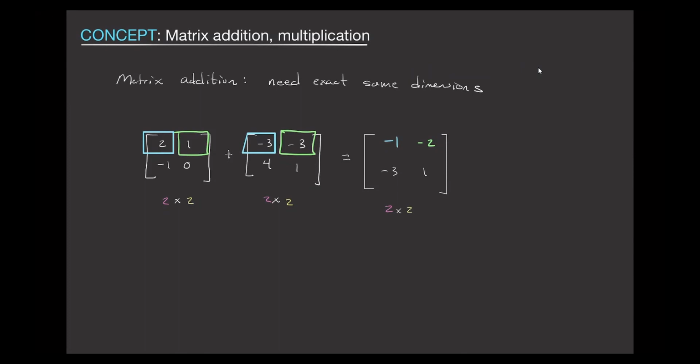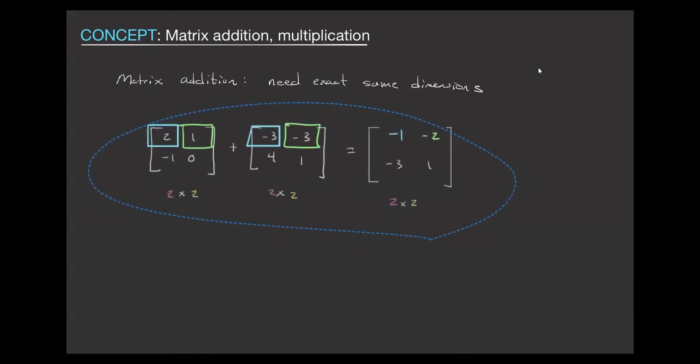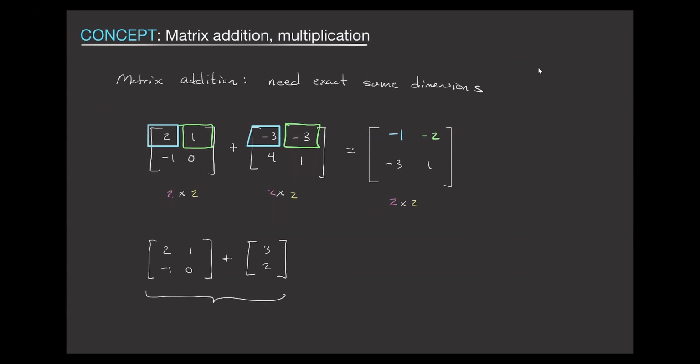You cannot add matrices of different sizes. As an example, you cannot add, say, 2, 1, negative 1, 0 to, let's say, 3, 2. That's not defined. And in some ways, it's kind of obvious why it's not defined.